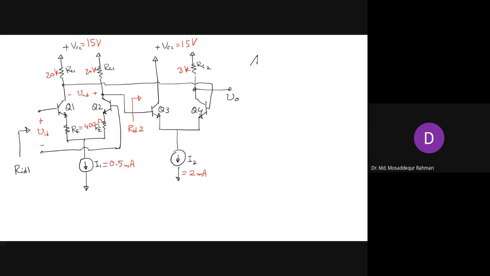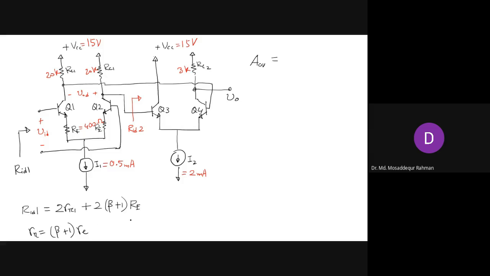So now we have the overall differential gain. Maybe first we determine the input resistance RID1, which will be 2R pi plus 2 times beta plus 1 times RE. To determine the input resistance, we need to determine R pi, which is beta plus 1 times re.